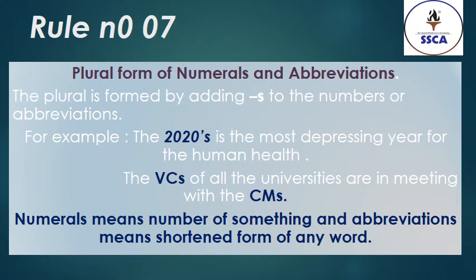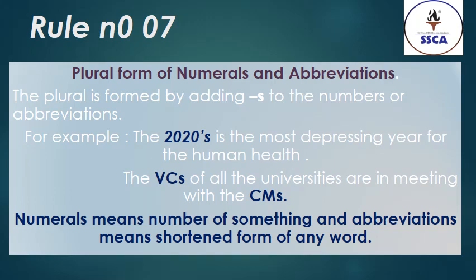Here is an example: the 2020s is the most depressing year for human health. As you can see, today we have this pandemic disease and everyone's health is getting weaker.